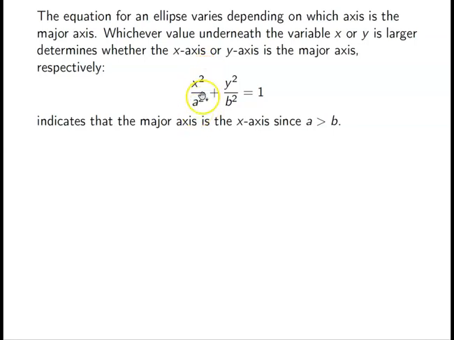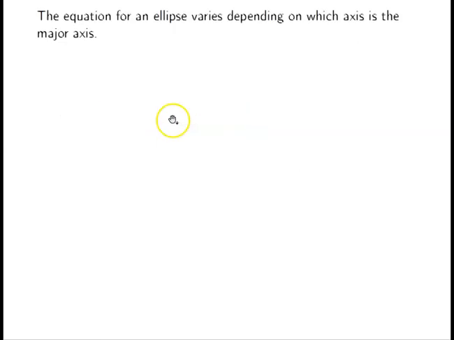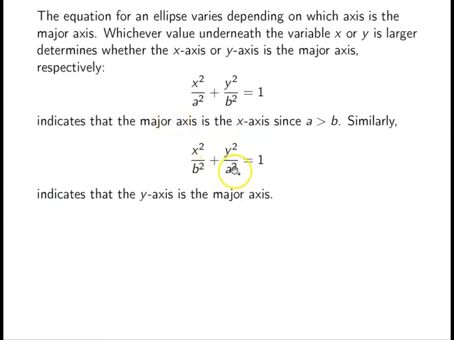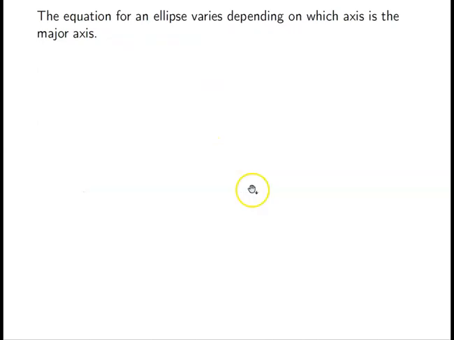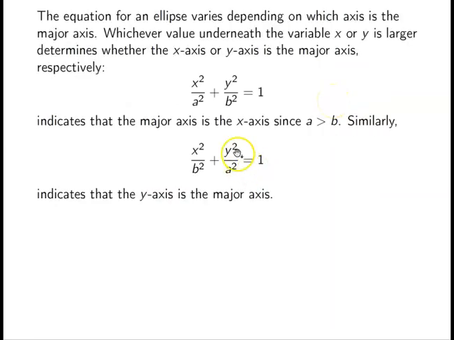If the bigger number in the denominator is under x, then the long axis is along x. If the bigger number is under y, then the long axis is along the y-axis. Whichever number is big, the variable it's under is the long one, and the shorter number tells me the shorter one.